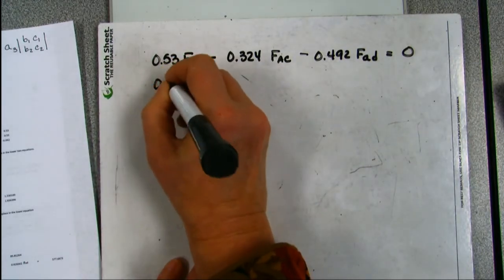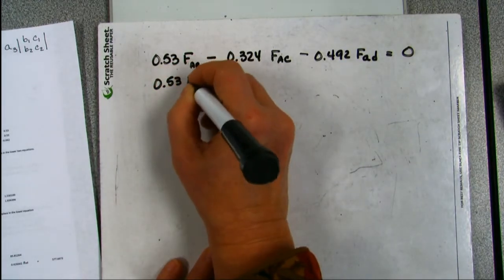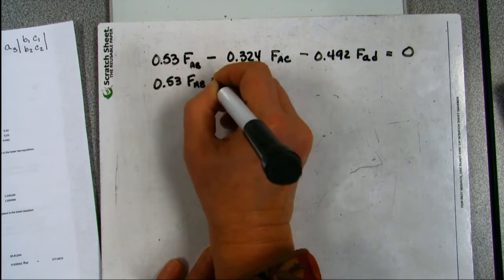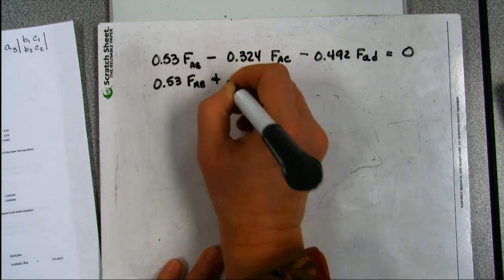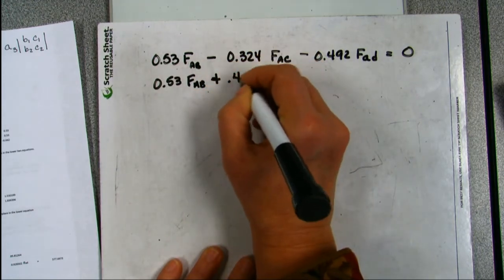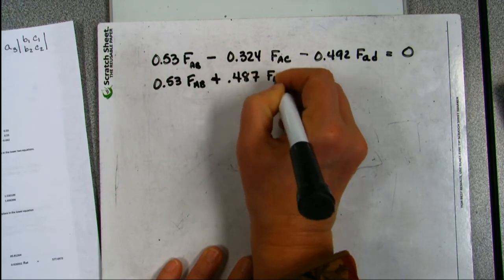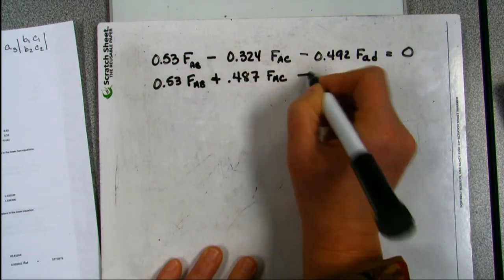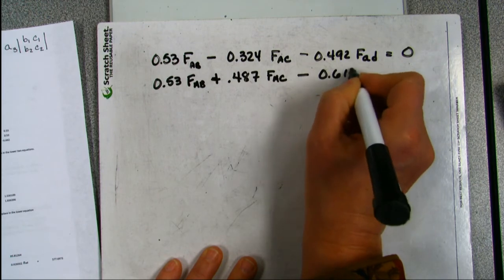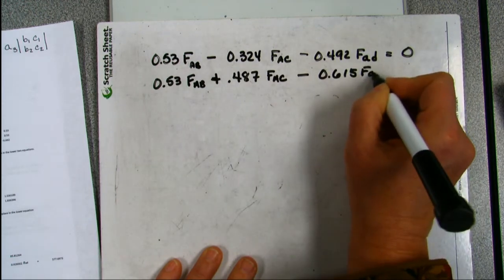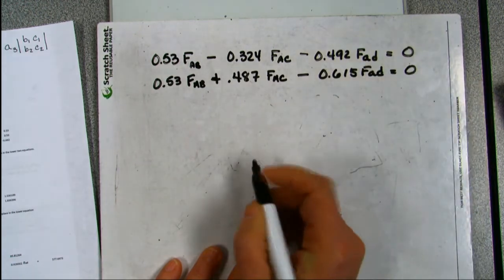So I get 0.53 FAB plus 0.487 FAC minus 0.615 FAD is equal to 0.